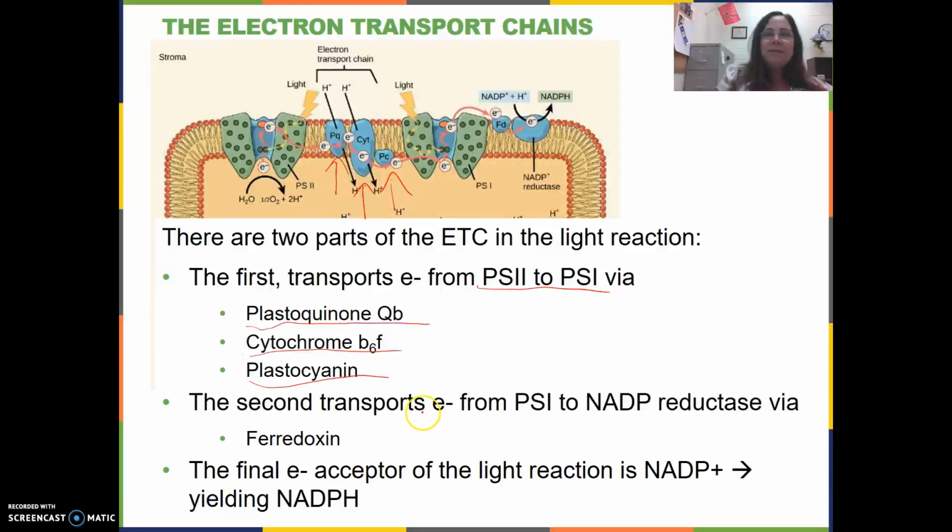And then the second electron transport chain transports the electron from photosystem 1 to NADP reductase, and it uses the electron carrier called ferredoxin. And the final electron acceptor of the light reactions is NADP, and it becomes NADPH.